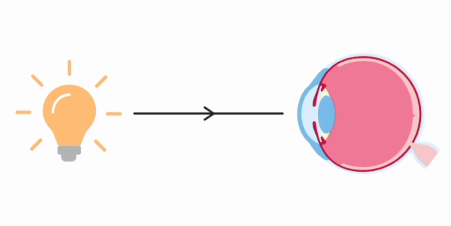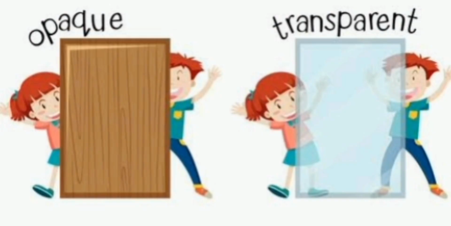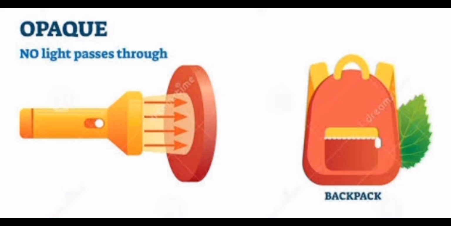We can classify objects into two groups: opaque objects and transparent objects. Let's see the meaning of opaque objects. They are objects that don't allow light to pass through. Like what?